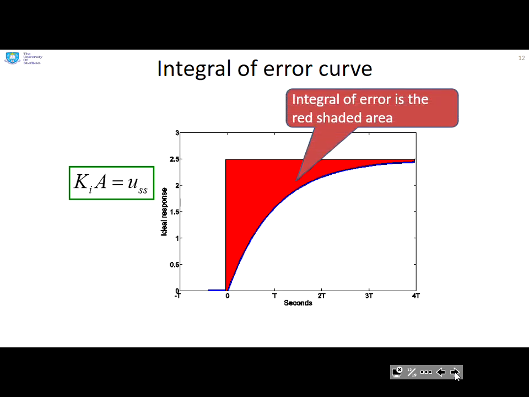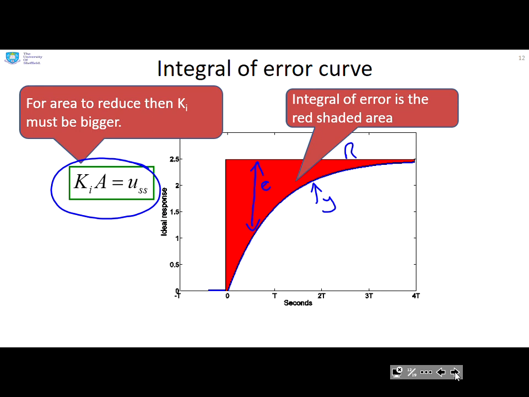So notice here, this red area gives you the integral of the error. This bit down here is the error between the target R and the output Y. So the red area is the area A. And we've been told that essentially we've got this formula here, Ki times A equals USS. So if I want to make A smaller, then Ki has to be bigger.